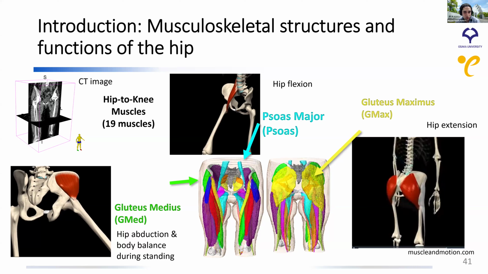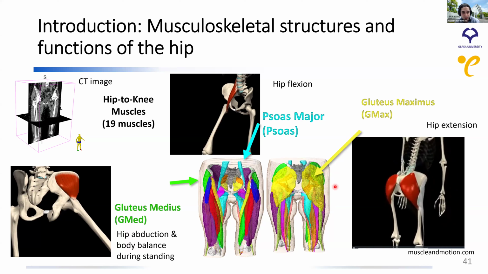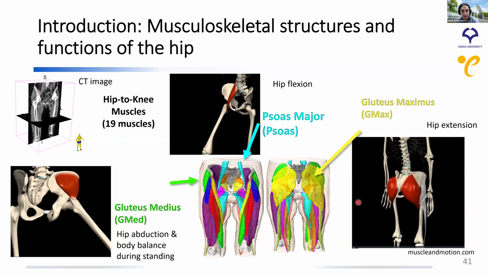So this helps us do the extension motion. So when you go from a bending to an extended position, this muscle helps us do that movement in a very smooth way. And it's the largest one among these muscles. So these muscles are really important for our standing, motion, walking, etc.